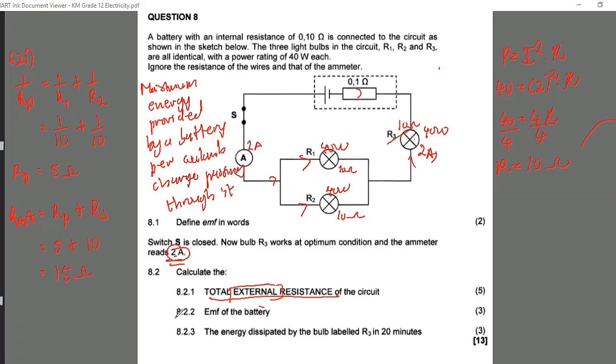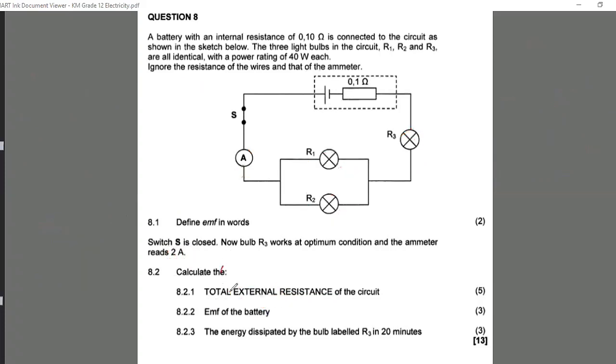Okay, then 6.2.2 says now calculate the EMF of the battery. So to calculate the EMF of the battery, we know the formula goes EMF equals I times R plus the internal resistance.